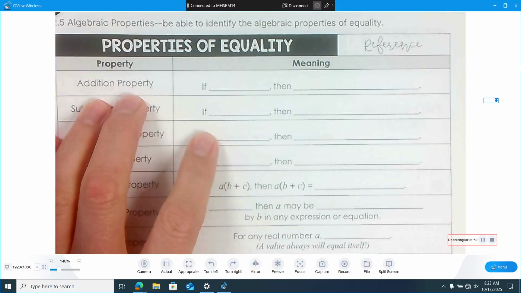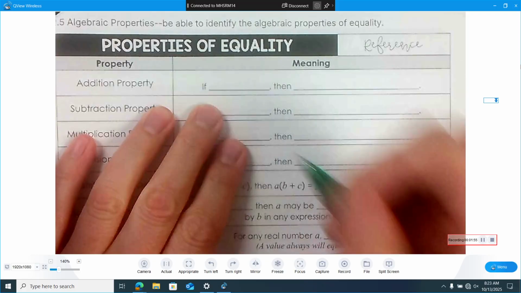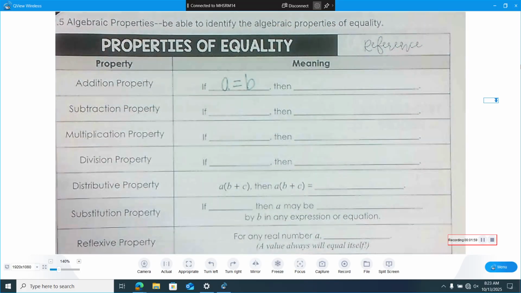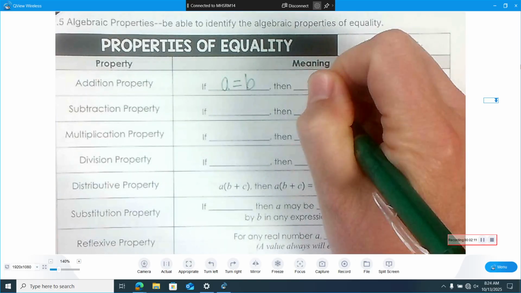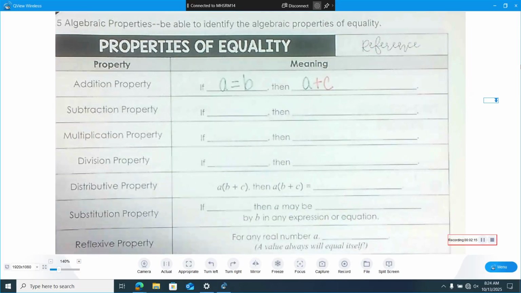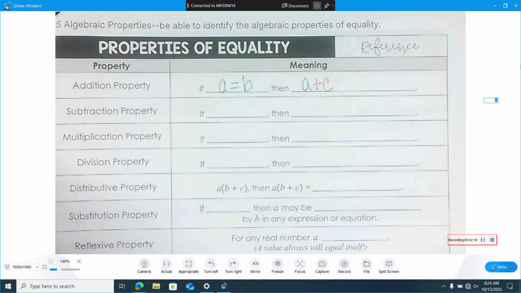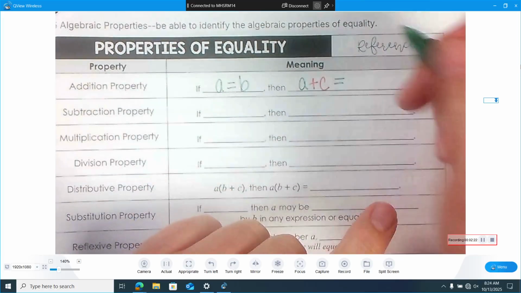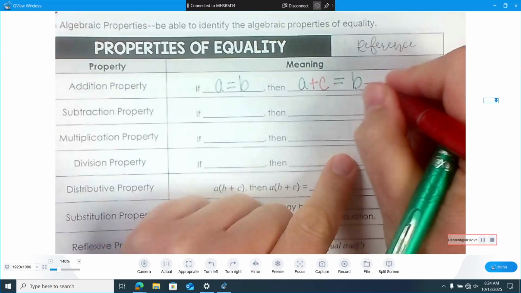The addition property of equality says if I start with an equation, something like A equals B, if I have two things equal to each other, a left side equal to a right side, then if I add something to the left-hand side, I can add the same value to the right-hand side.